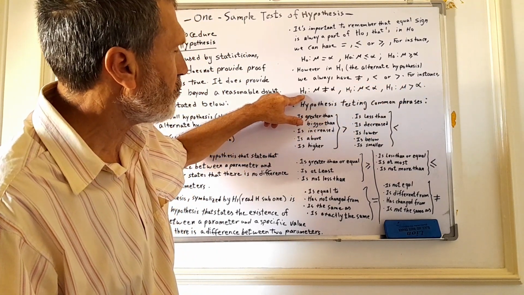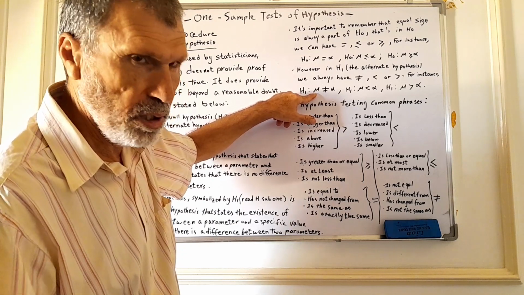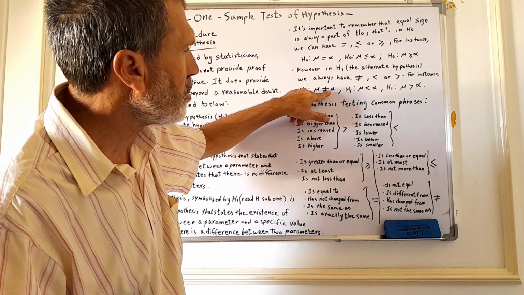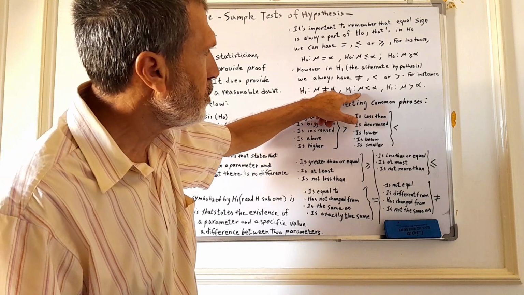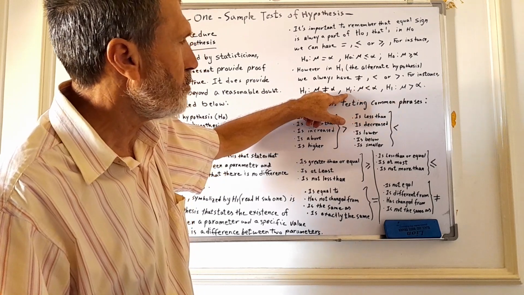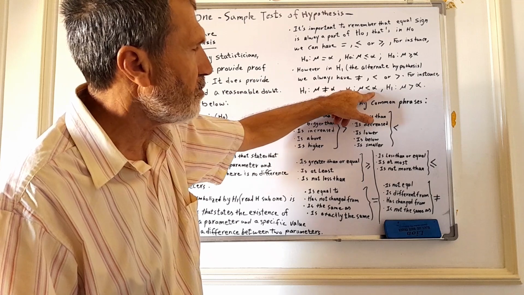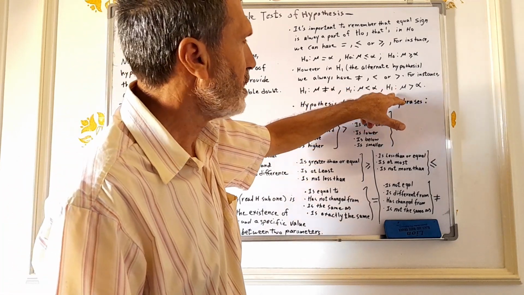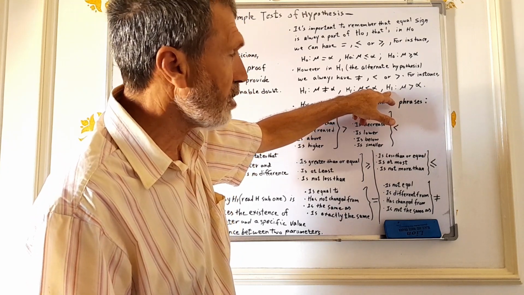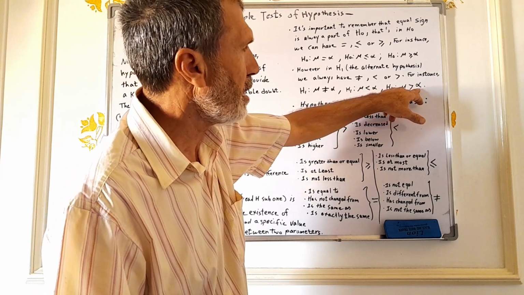So for H sub 1, for instance, if we're talking about the mean of the population, mu, then H sub 1 is going to be mu is not equal to alpha, or mu less than alpha, or we can have a different version of the alternate hypothesis, H sub 1: mu greater than alpha.